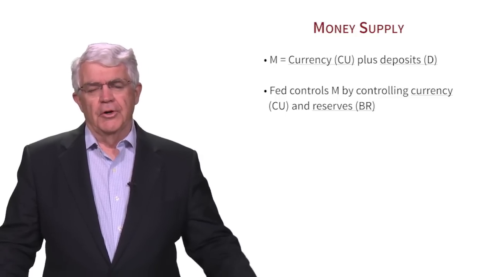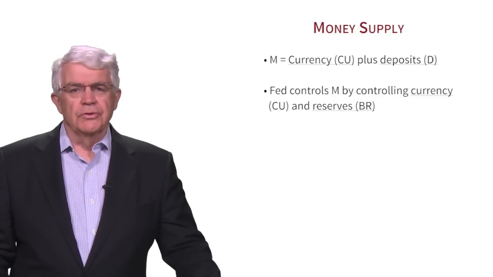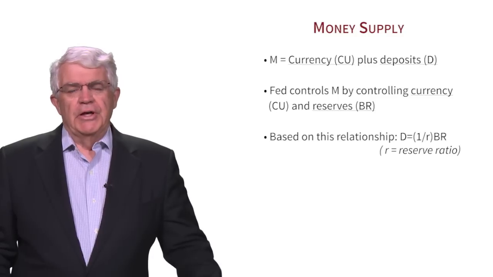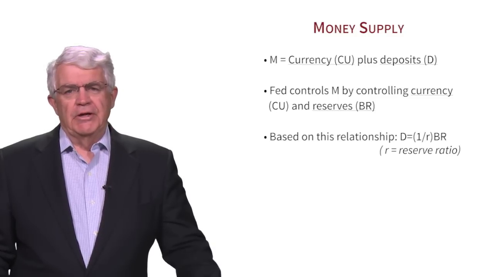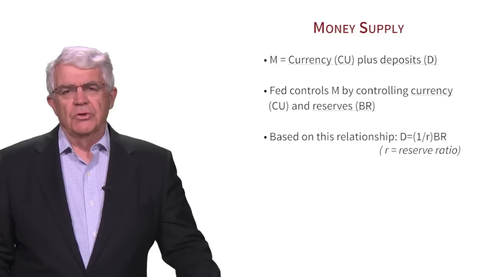Deposits of Wells Fargo and other banks at the Fed, those are reserves. And we know there's a relationship between deposits and bank reserves. The reserve ratio, little r, is how much reserves banks hold as a fraction of their deposits. So the amount of deposits is just 1 over r times the amount of bank reserves.